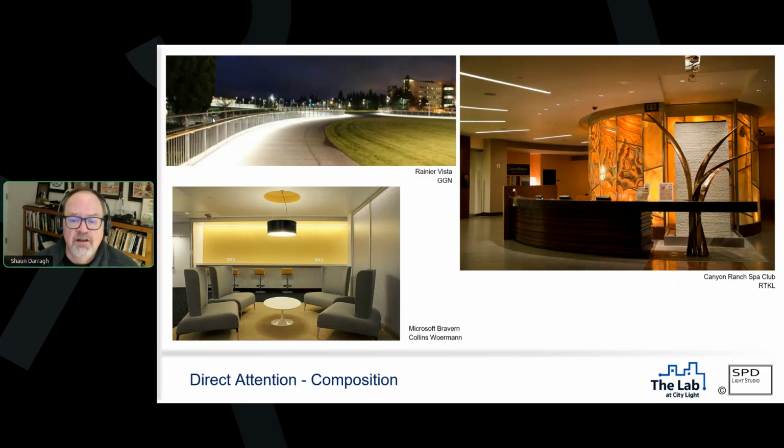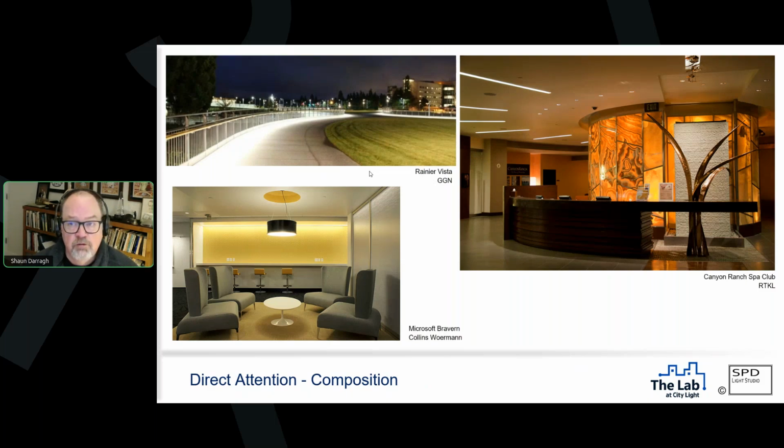Choose to direct attention, right? Use composition in your favor. If you are trying to direct attention, for example, to this social conference area here at the Bravern, do it with lighting, by lighting the walls, by adding decorative components. At Rainier Vista on the UW campus, at the top here, the primary goal is wayfinding.